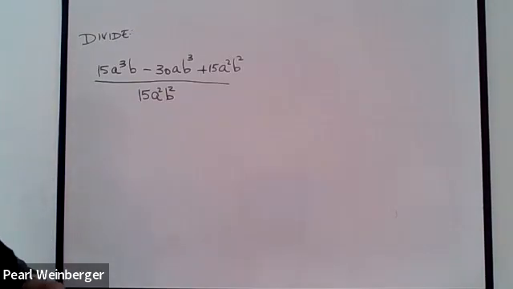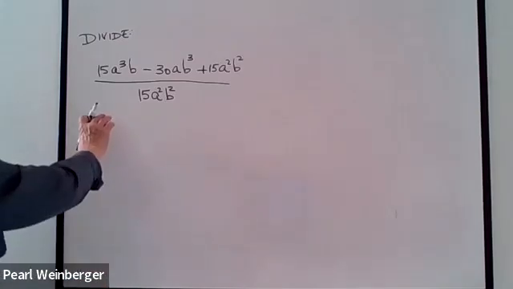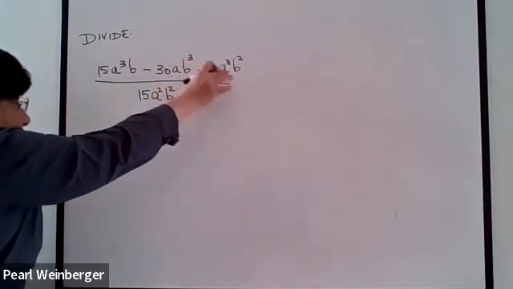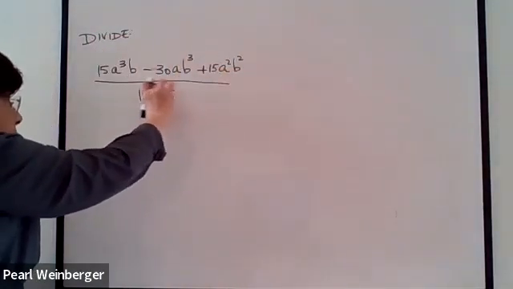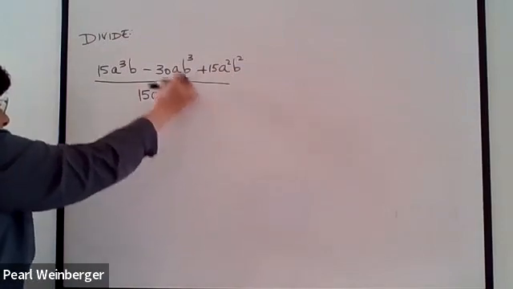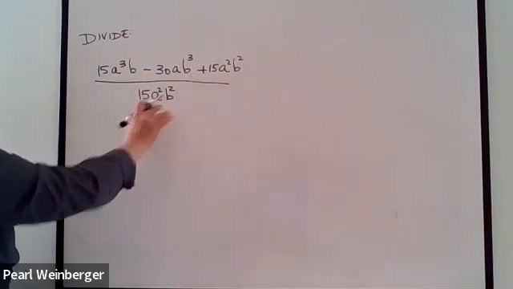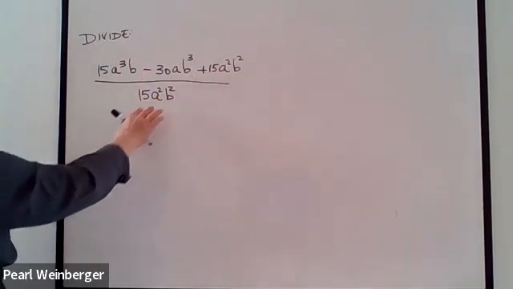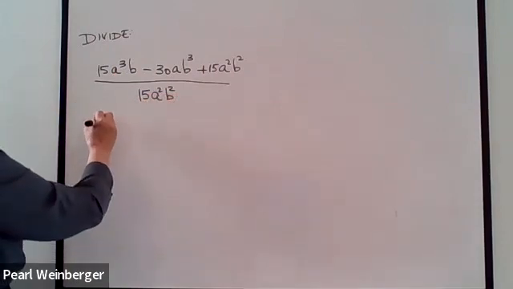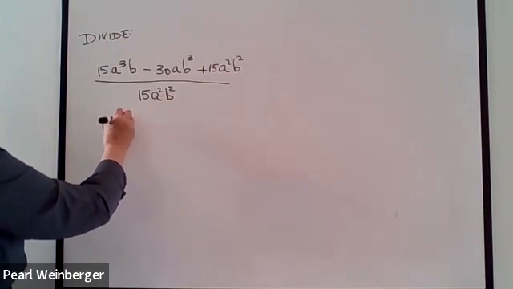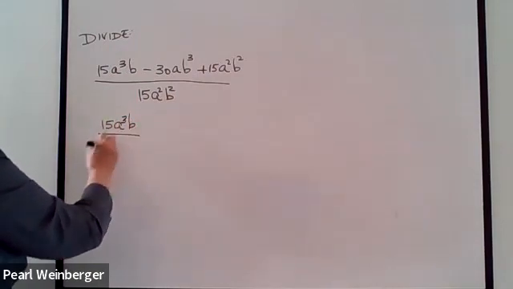Okay, let's work on this together. Just like we said before, since it says divide, and I have a polynomial divided by a monomial, this is a single term. There's no pluses or minuses in between the letters or the numbers. I'm going to separately put each term from the top over the monomial.